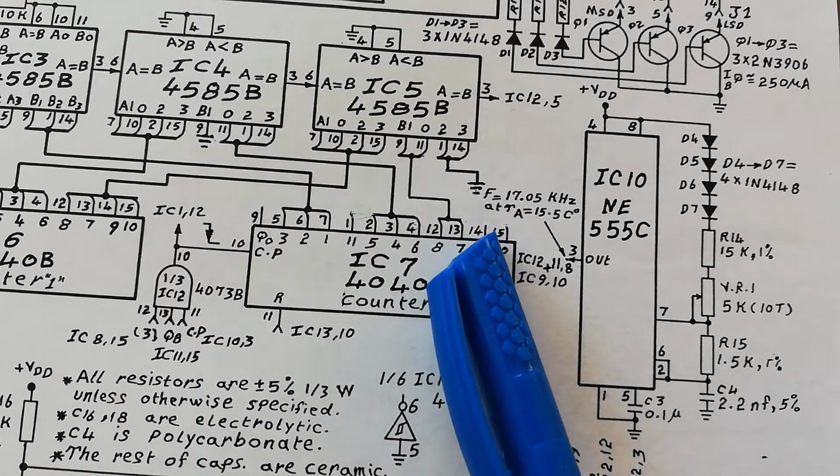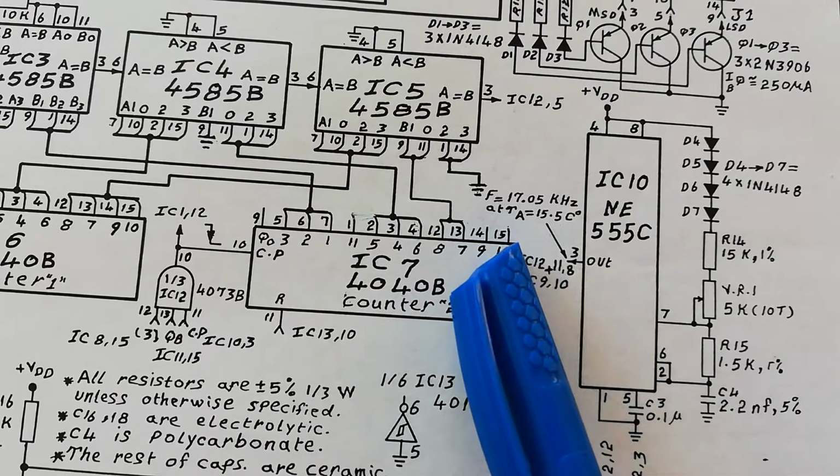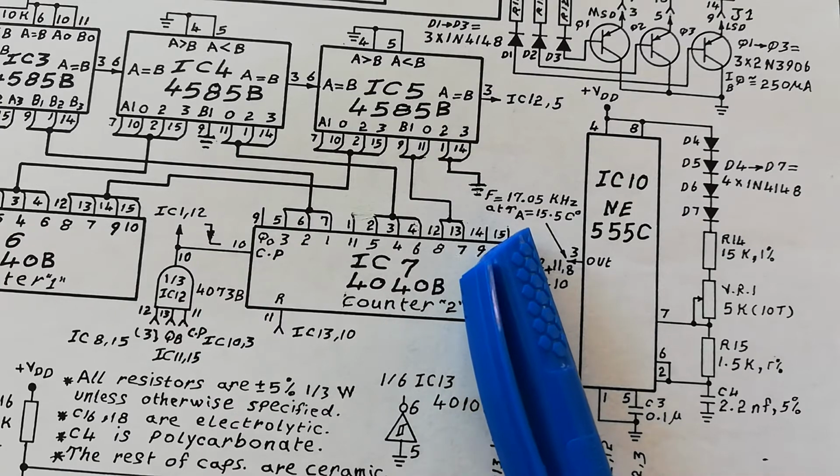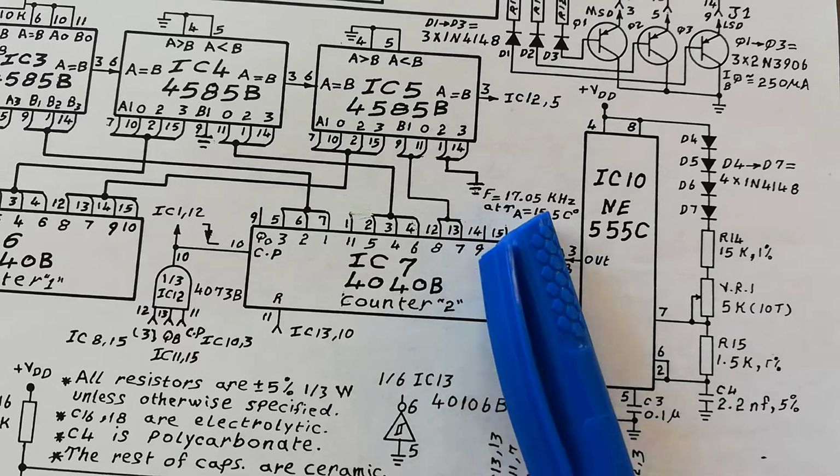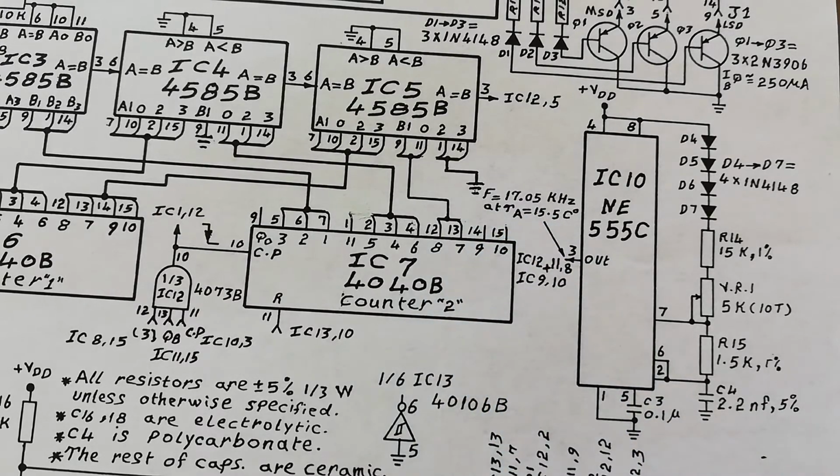So we have about 17.05 kilohertz, or to be accurate actually, at 15 degrees centigrade, it should be 17.07 kilohertz.